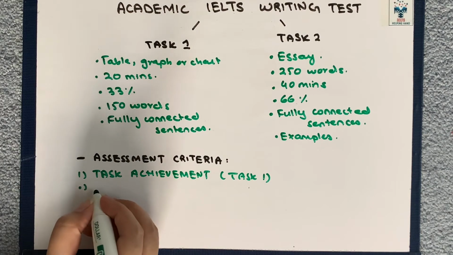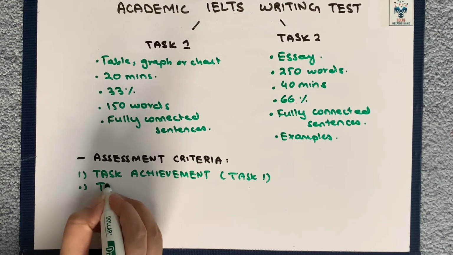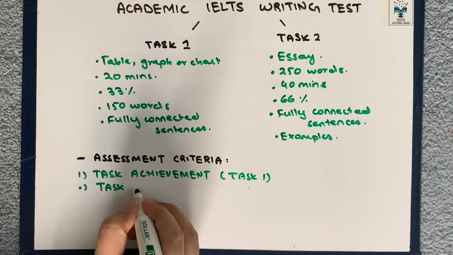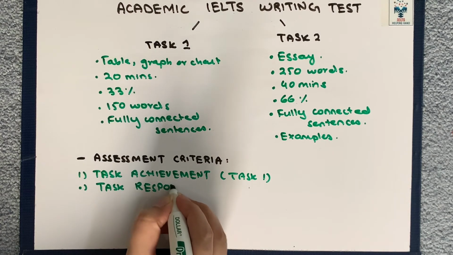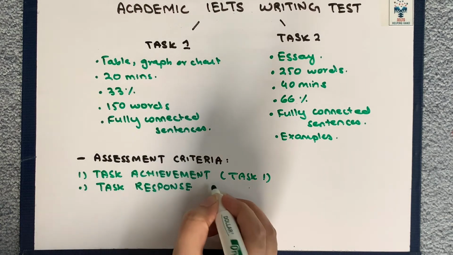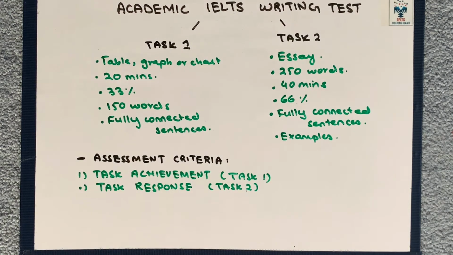First marking criteria for task 2 is task response. In both IELTS Academic and General Training IELTS, Task 2 requires test takers to develop a position in relation to a question or statement.